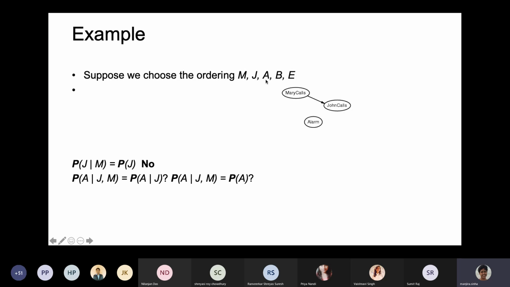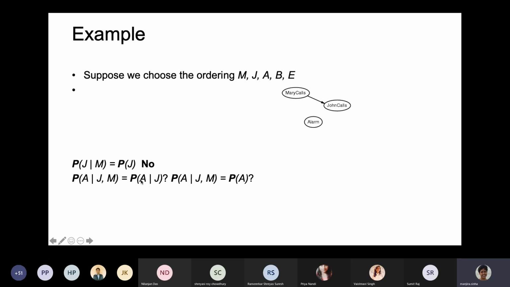Now we move on to the third node. That is the alarm. Now for the alarm, there are two potential parents to consider, John and Mary. So what we need to check is whether the probability of the alarm given John and Mary is equal to the probability of the alarm given John.